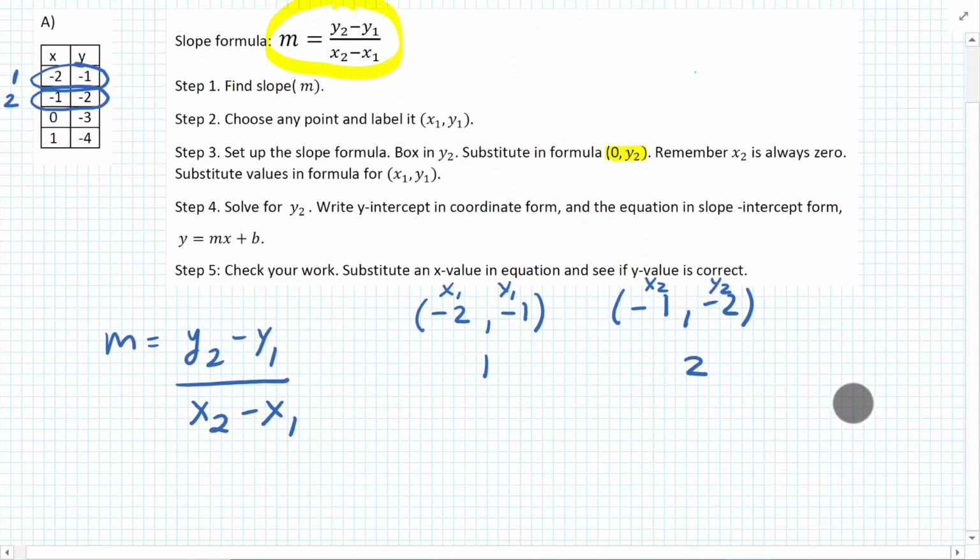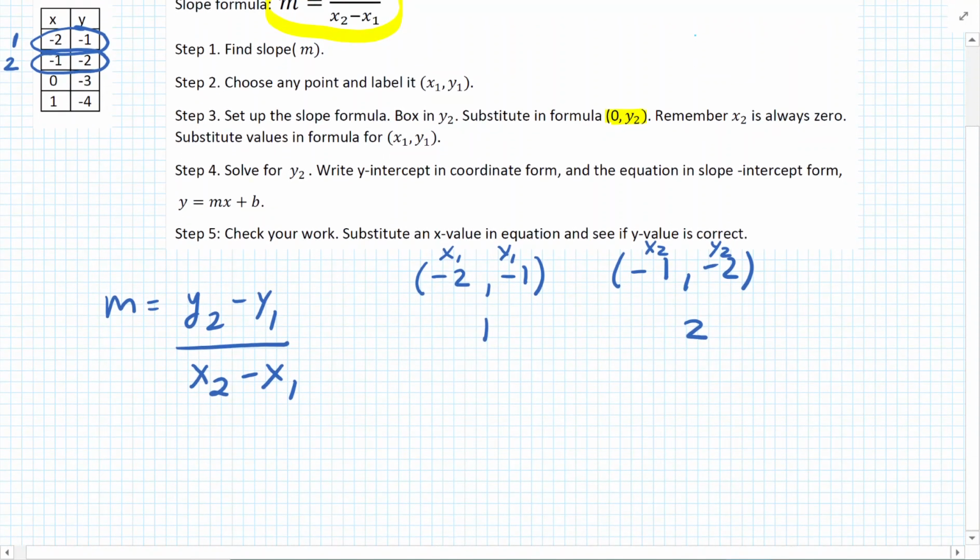Now that we've set that up, we can simply substitute it into our formula. Let's do that now. y2 is negative 2. y1 is minus 1. x2 is negative 1.